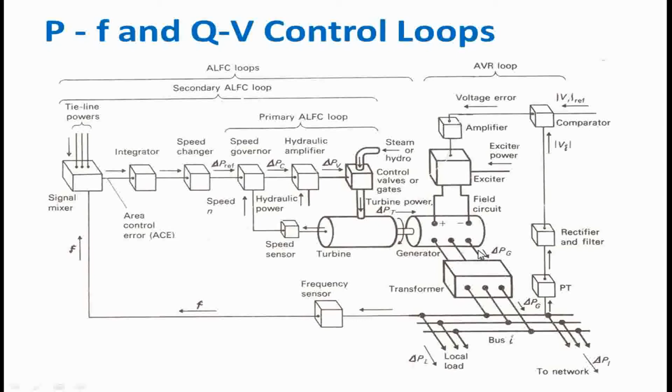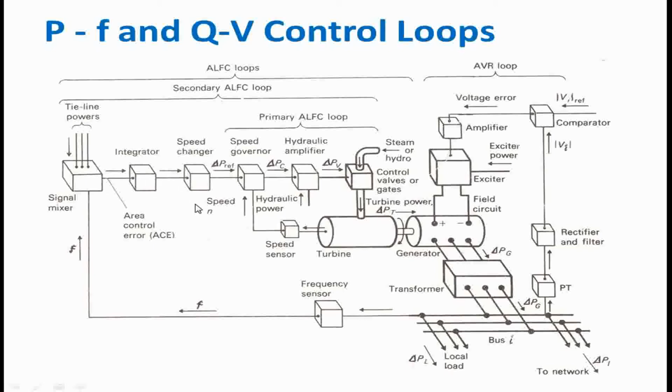And the response time of this primary load frequency control will be within a second. So we can call this primary load frequency control loop a faster loop compared to the secondary load frequency control loop. Whereas in the secondary load frequency control loop, we are going to have a fine adjustment in the frequency, and for that we are going to have a frequency sensor in the network, and this frequency sensor is going to compare with the reference frequency, and this is given as input to the integrator.